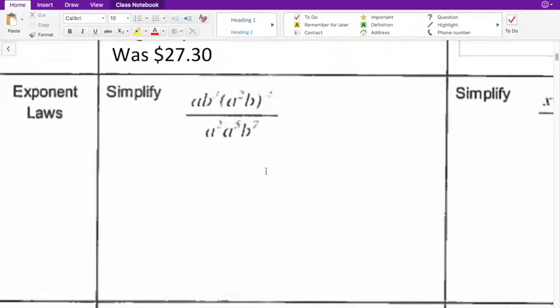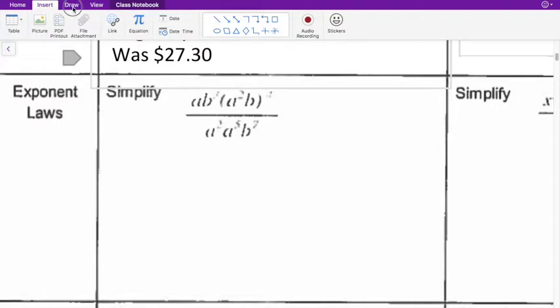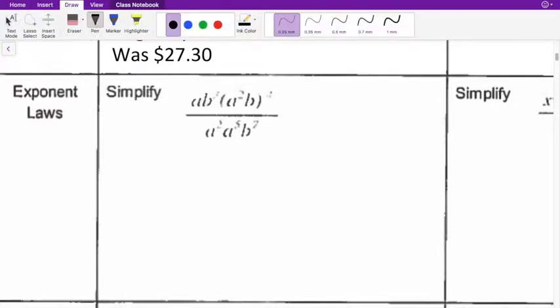Now we're doing exponent law. Mine are not as nicely written as yours, my photocopy. So we have (ab) to the power of 3, a to the 2, and this is to the 4, 2, 5, and 7.